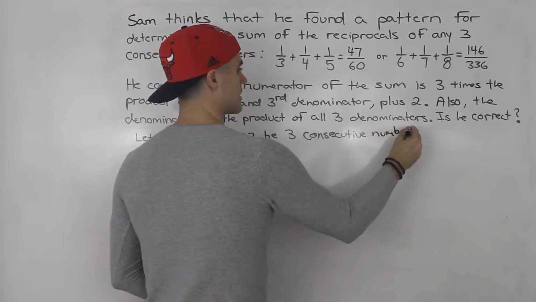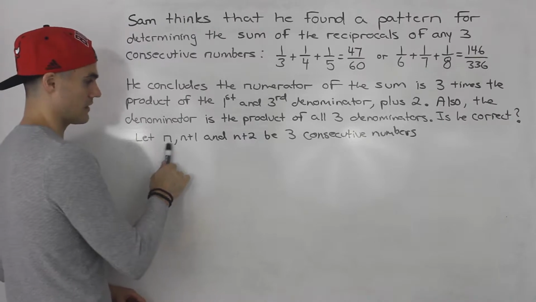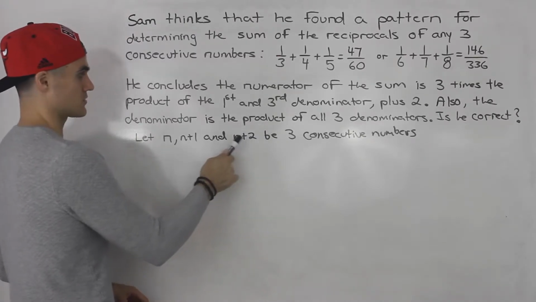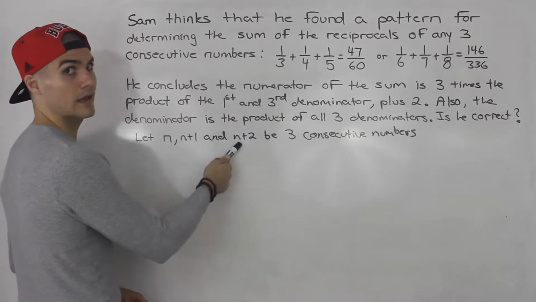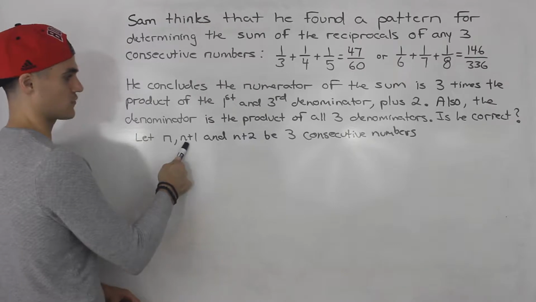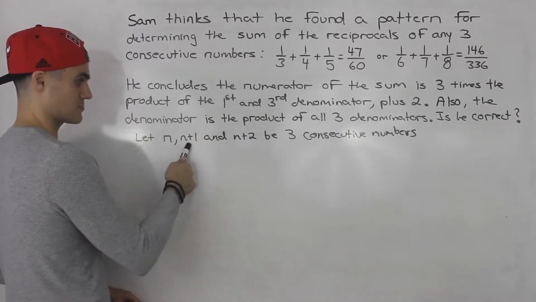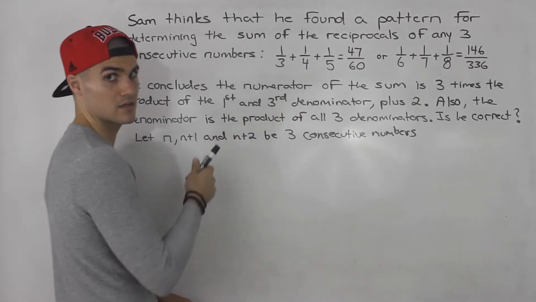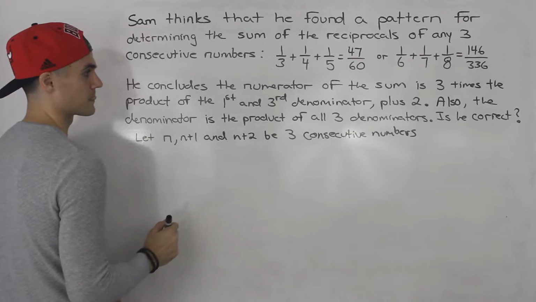That's how you take 3 consecutive numbers and write them generally as variables. So instead of writing 3, 4, 5, we write n, n plus 1, n plus 2. And it always works out because if n is 3, 3 plus 1 is 4, 3 plus 2 is 5. If n is 6, 6 plus 1 is 7, 6 plus 2 is 8. So 3 general consecutive numbers.